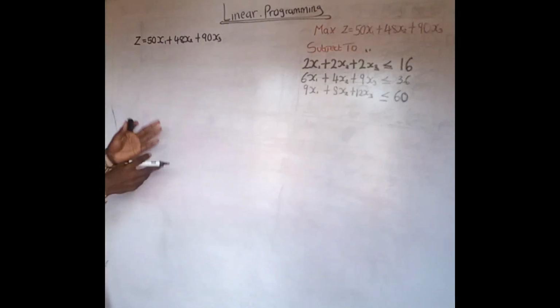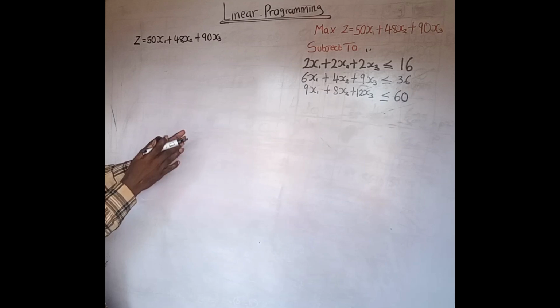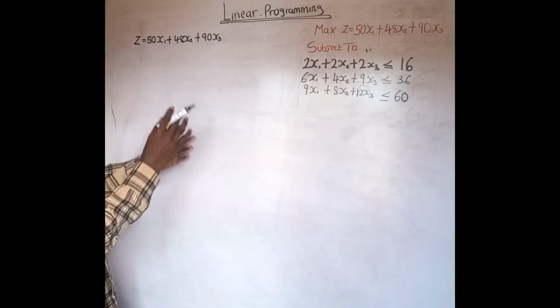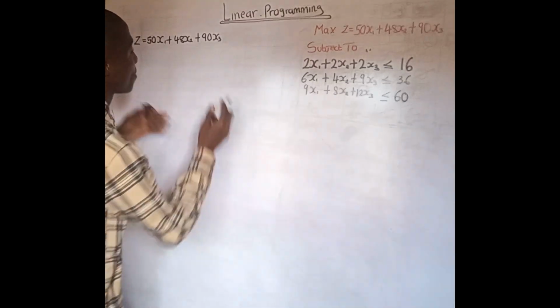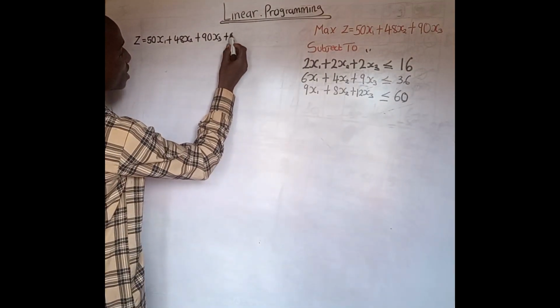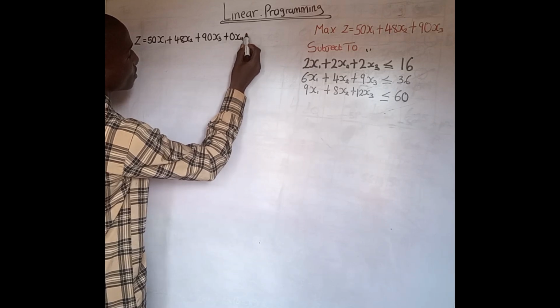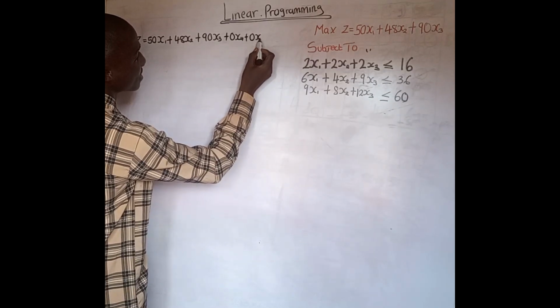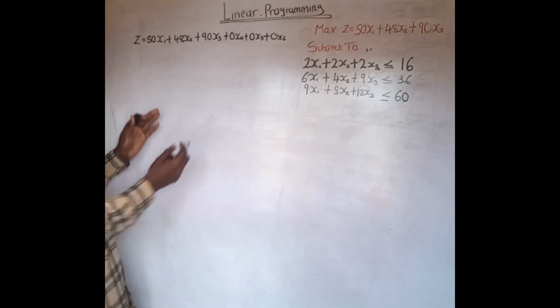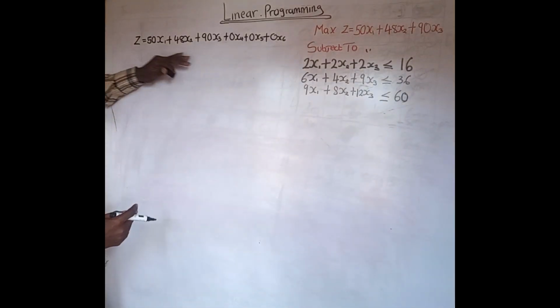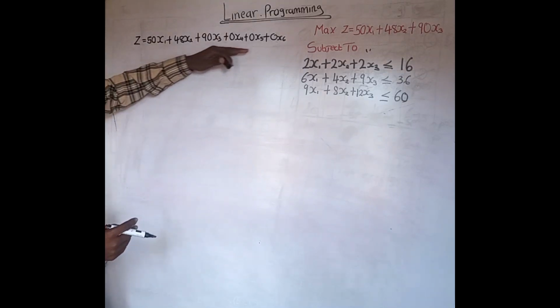Now, the slack variables that I'm going to be introducing take the names x4, x5, and x6, one for each constraint that I have here. So I'm going to be having plus 0x4 plus 0x5 plus 0x6. I have changed the objective function to standard form.